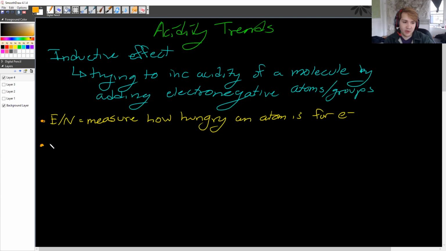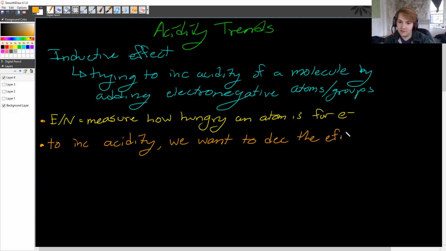And so what I'm going to tell you about acidity trends, so this is kind of the first bullet point. The second bullet point is that to increase acidity, we want to decrease the effective negative charge.